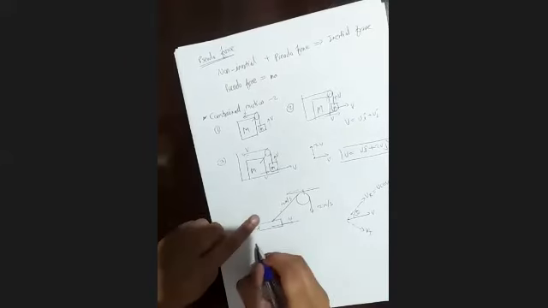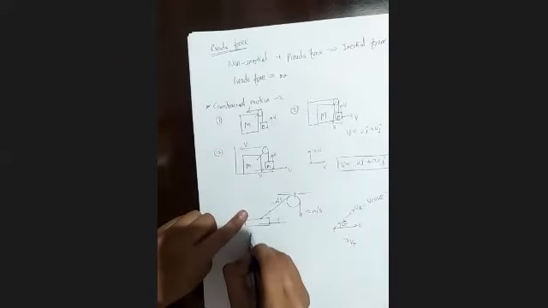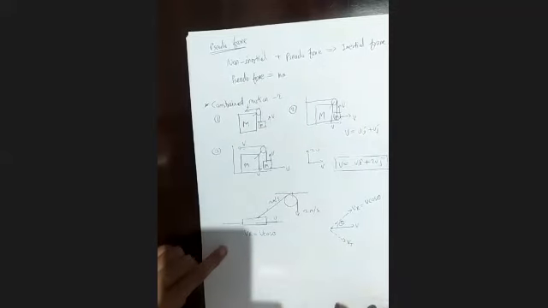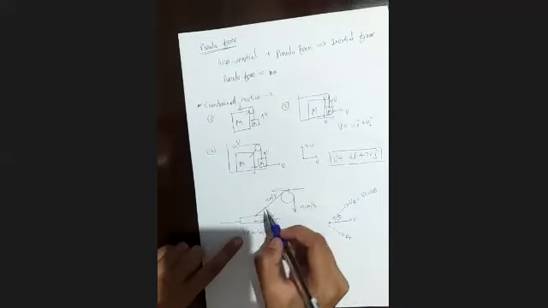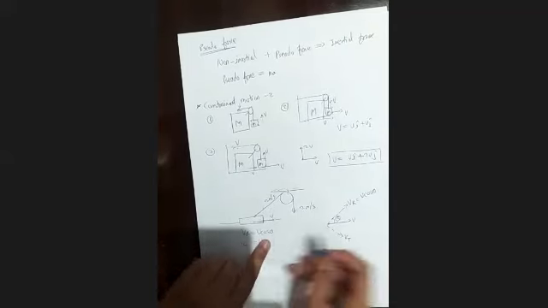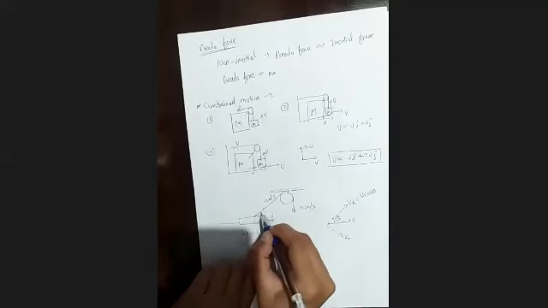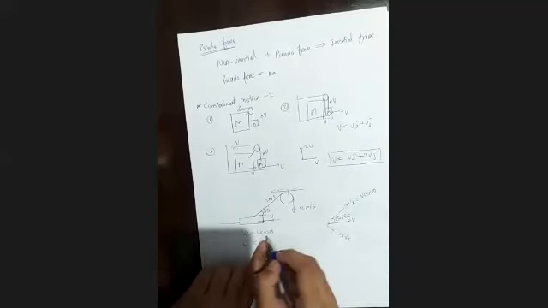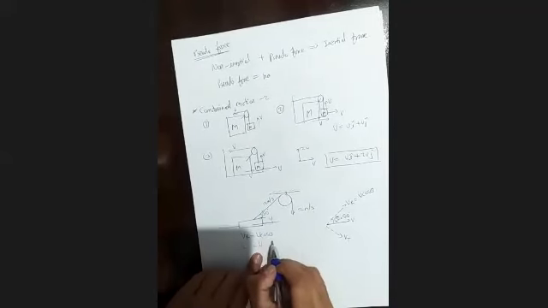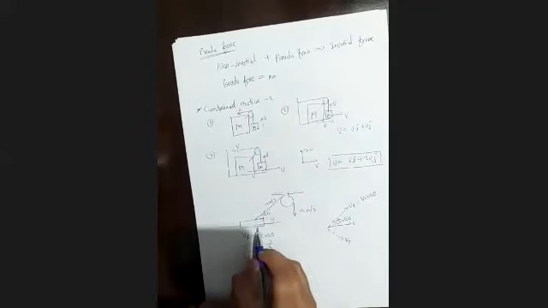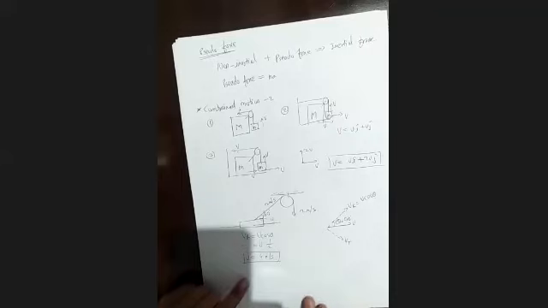By this we can say that vr equals v cos theta. Then we know that vr, that is this, is 2 meter per second, so 2 equals v cos 60 degrees, so this angle is 60 degrees. Then cos 60 is equal to 1 upon 2. Then the velocity is coming as 4 meter per second. This block will move at 4 meter per second.